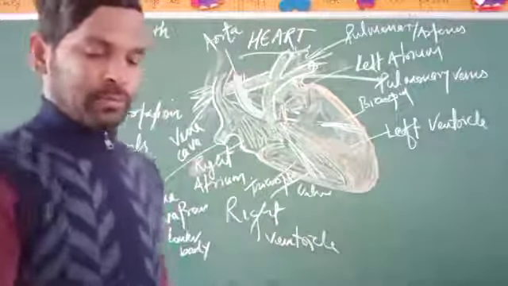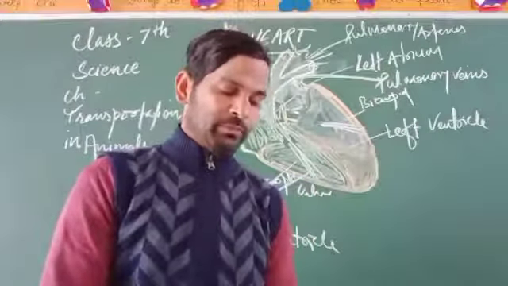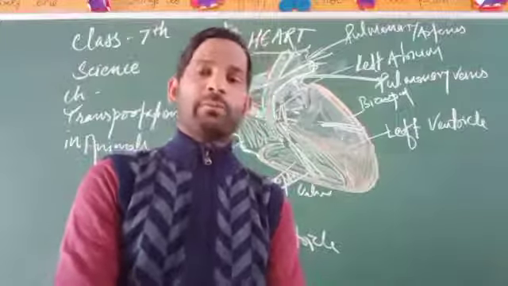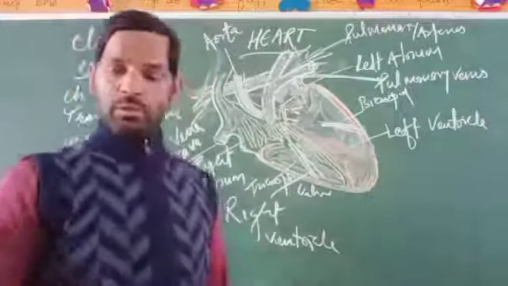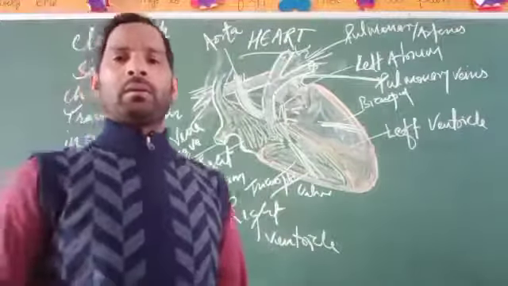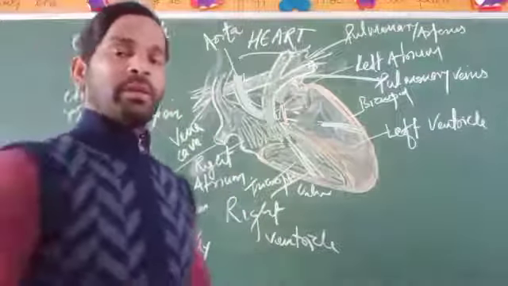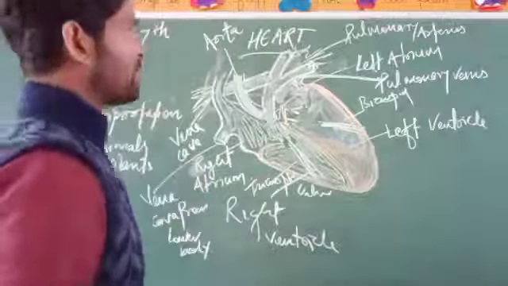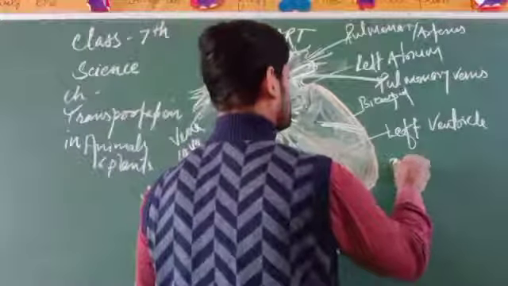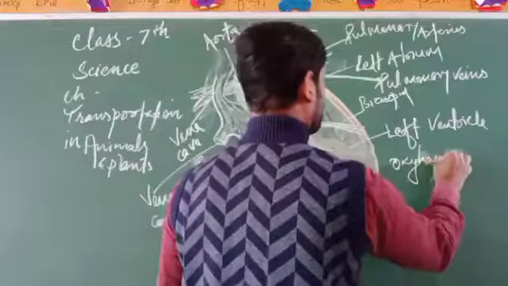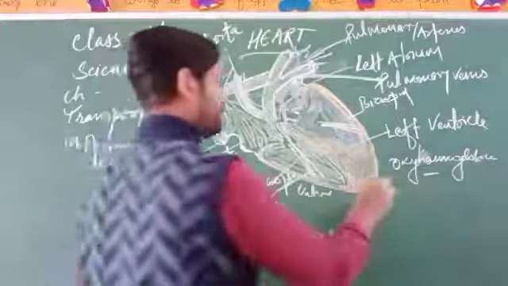First of all, we have to explain on the basis of the diagram drawn: the heart is a pumping machine, and its responsibility is to purify the blood taken from the body. Whenever the blood runs, it runs in the form of oxyhemoglobin. That means oxygenated blood.